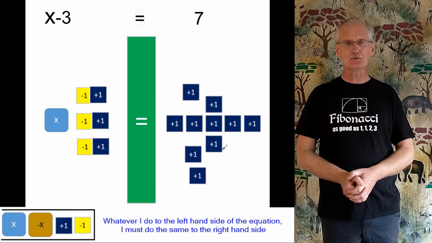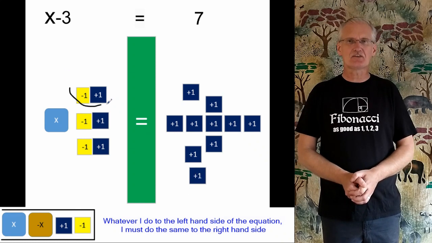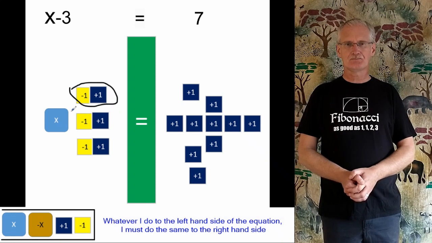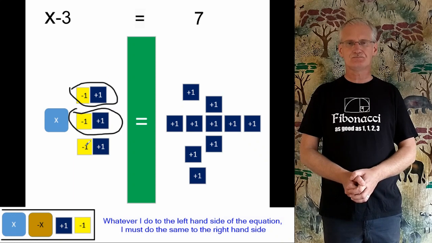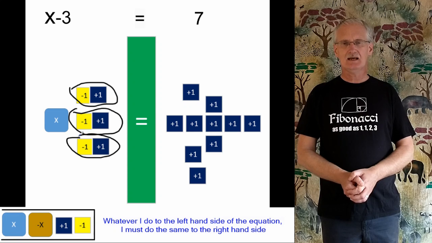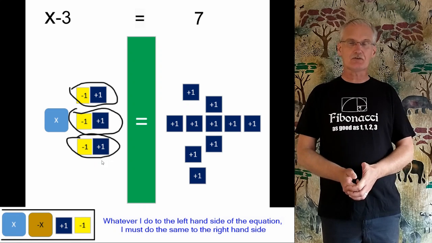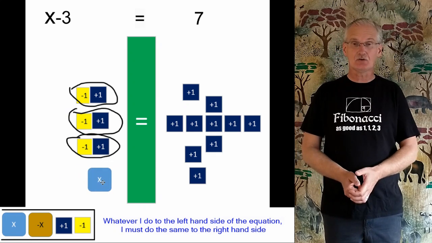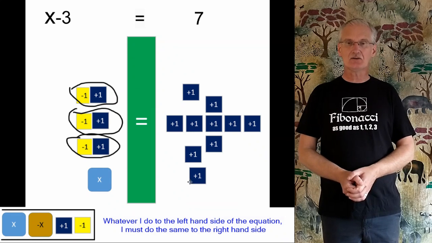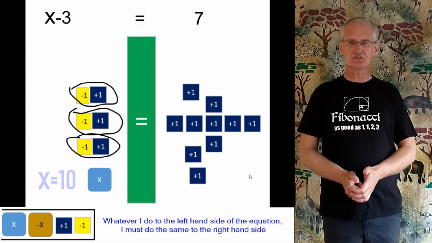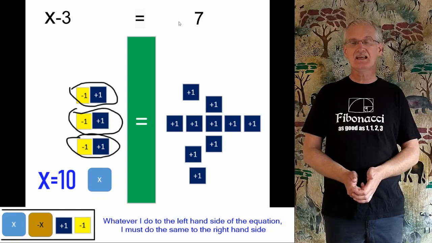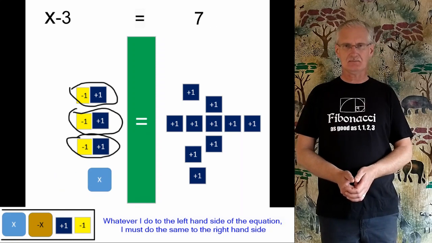So just mark those as zero pairs. It's kind of a way of showing your working out. And now, what am I left with? Well, I've got 3 lots of 0, which I can kind of ignore. And x equals, we'll add all of them together, x equals 10. 10 minus 3 is indeed 7.